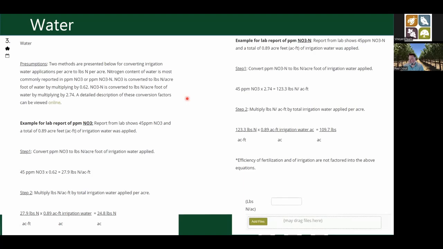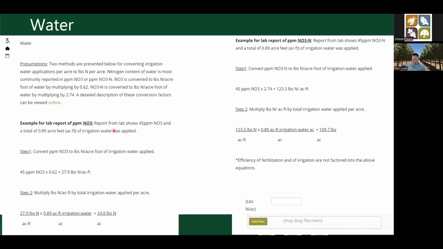So this is where, again, you will need a current water analysis from a lab. And that water analysis will indicate the amount of nitrate nitrogen in the water. Now, one thing that you need to be aware of is that depending on the lab, there are 2 methods of reporting nitrogen or nitrate in lab reports.